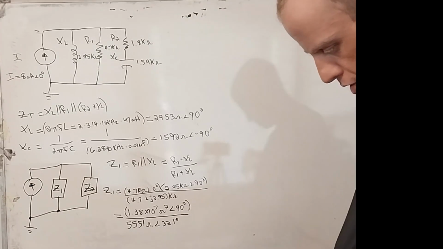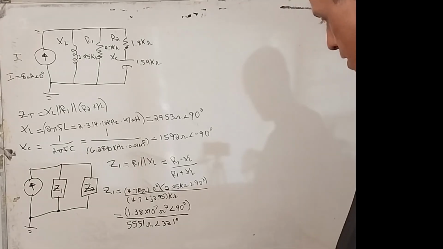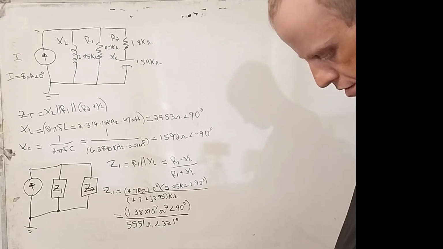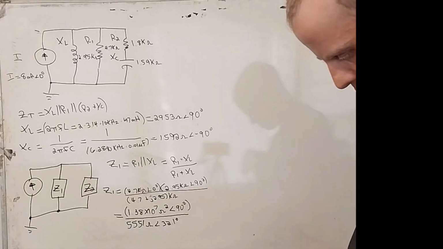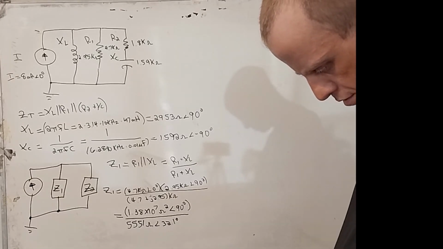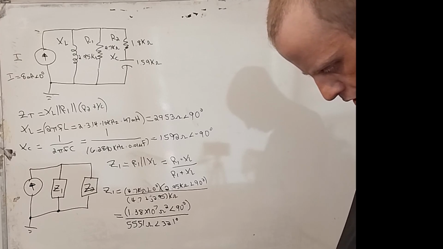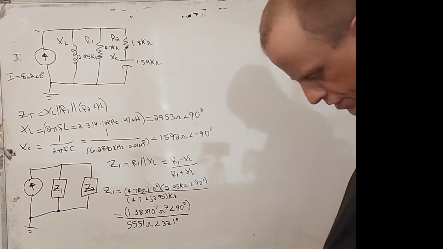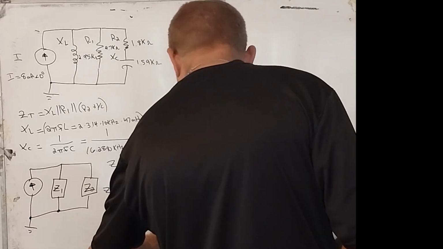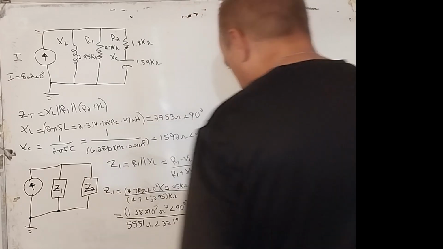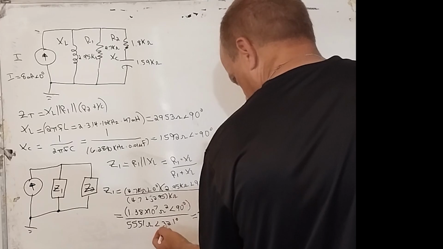Now I'm going to take that 1.38 value and divide that by that 5551. 2501, and the degrees, that'll be 57.9.